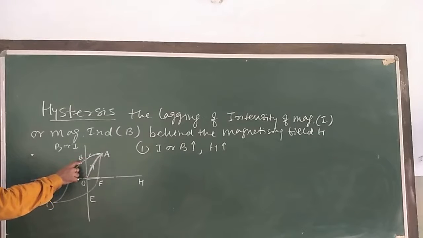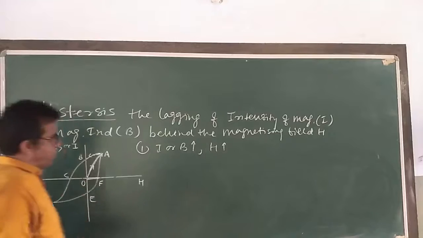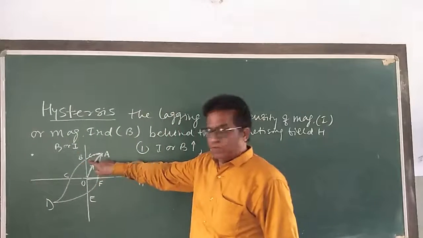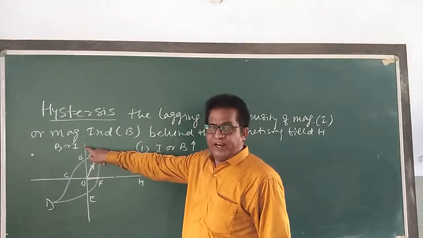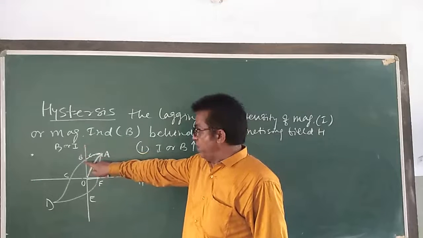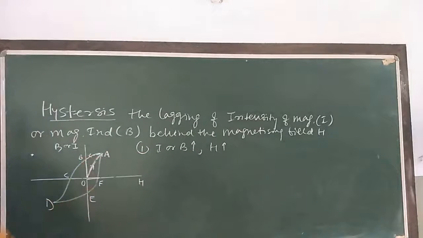So at point B, the magnetizing field H becomes 0. At point B, the magnetizing field is 0, but the intensity of magnetization or magnetic induction is not 0. Here that is OB. It is non-zero.